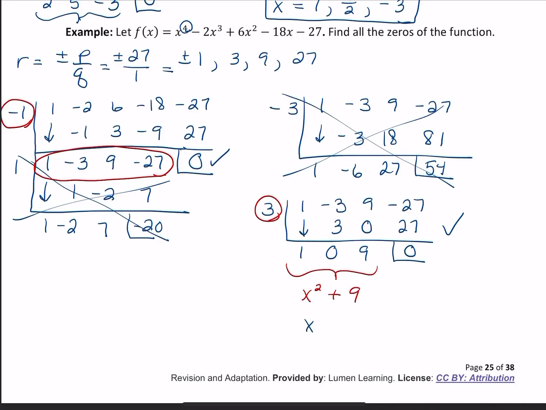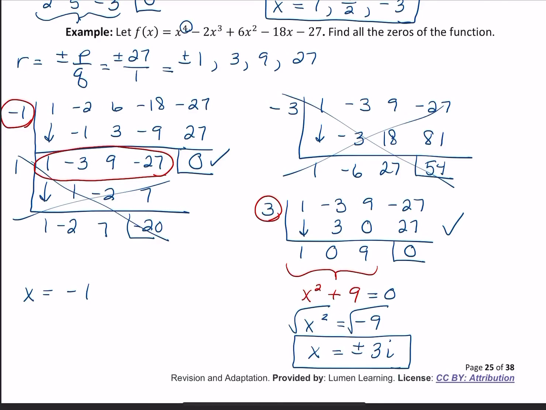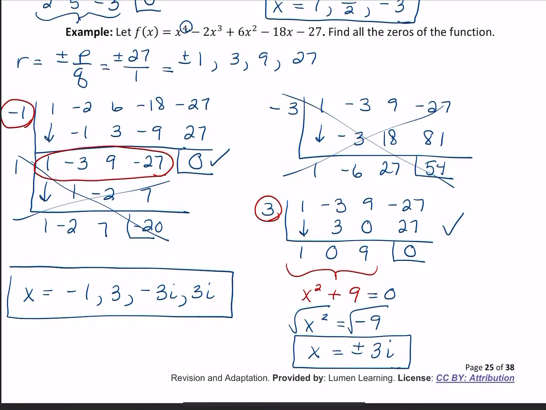And then you can set that equal to 0 and square root both sides. So I get x equals plus or minus 3i as my other two zeros. So my zeros are -1, 3, -3i, and +3i. Those are my 4 zeros for f of x.